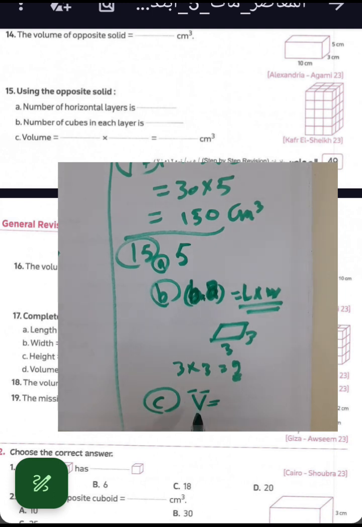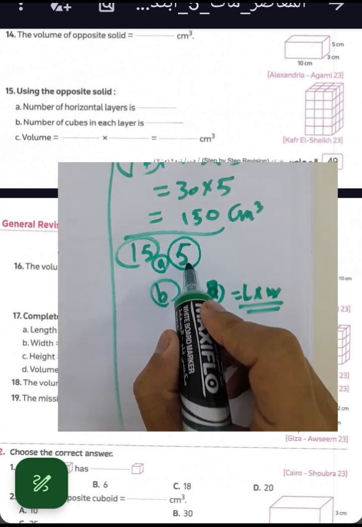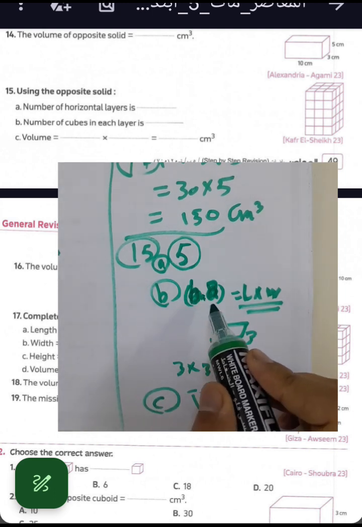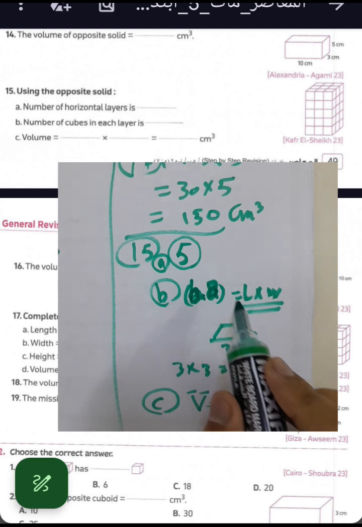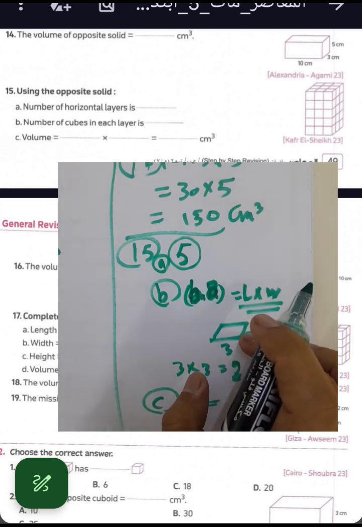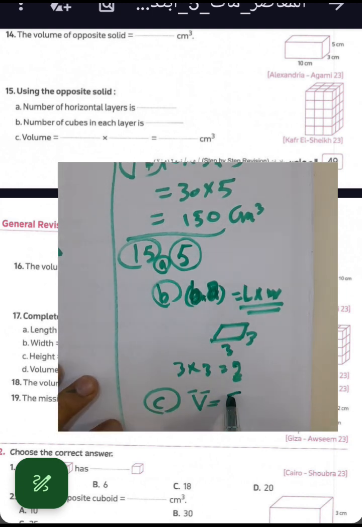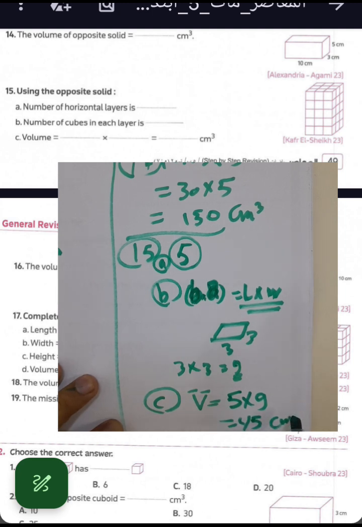We can find the volume by writing the number of horizontal layers product by the number of cubes in each layer, which was 9. 5 times 9 equals 45 cubic centimeter.